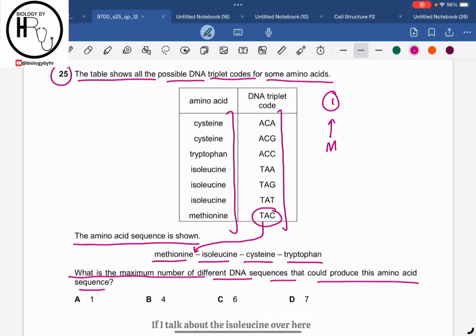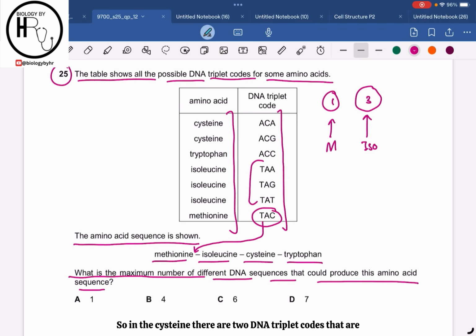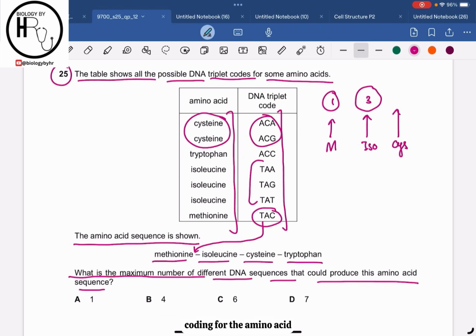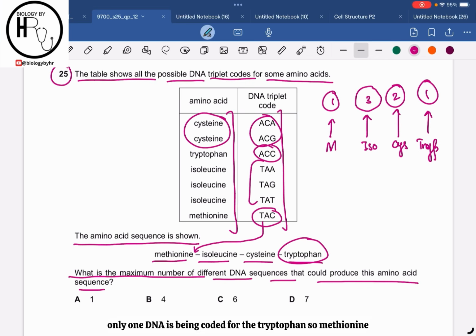For the isoleucine, there are 3 DNA triplets that are coding for it. For the cysteine, there are 2 DNA triplet codes that are coding for it. For the tryptophan, only one DNA triplet code is coding for it.